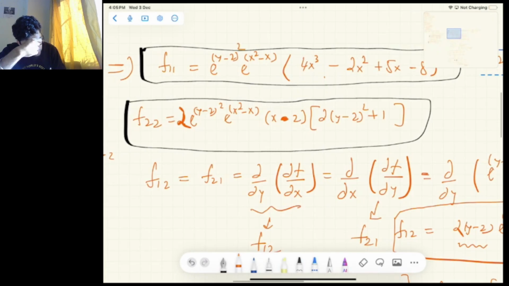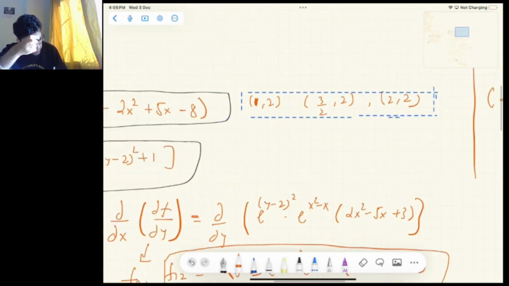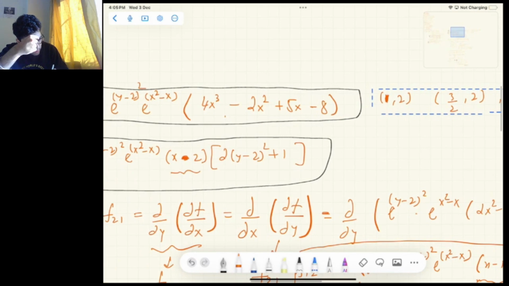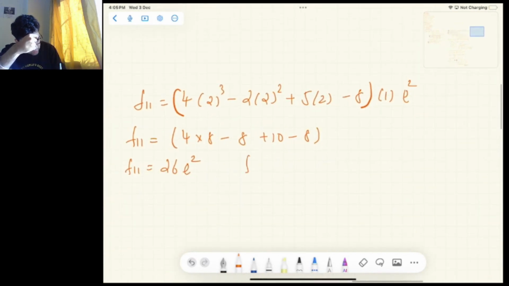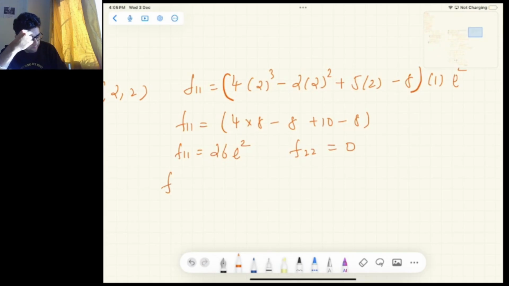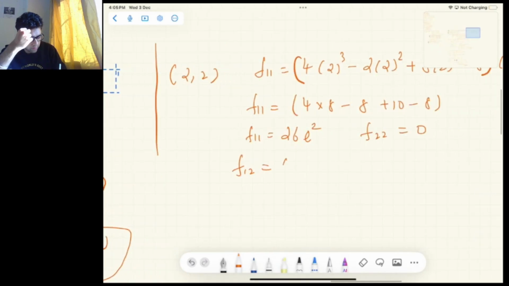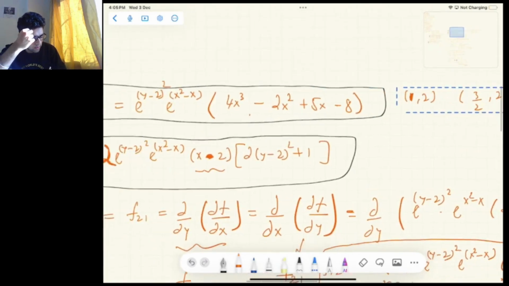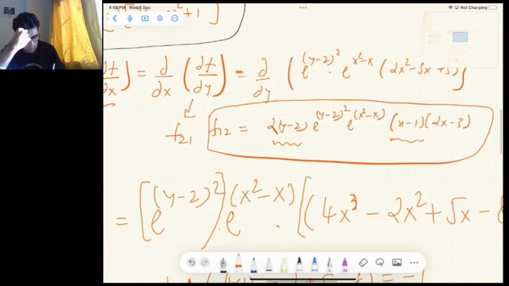And my f2 comma 2 becomes 0 because I have x minus 2 term here, right? And my f1 comma 2 or f2 comma 1 also becomes 0 because I have 2 comma 2 here, right?